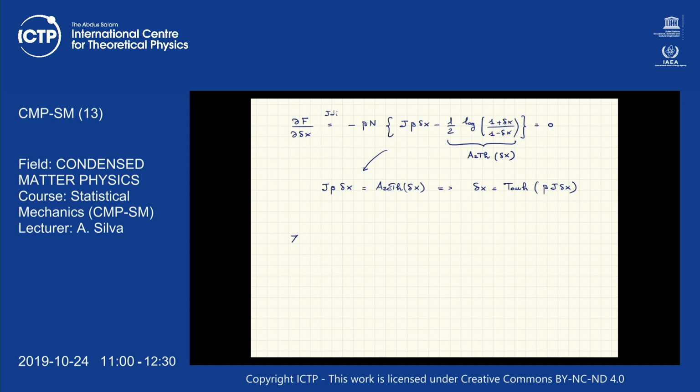When I compute the partition function, right? The partition function is the sum over all configurations of sigmas e to the minus beta H. But H is a function of only n plus and n minus, as we have seen, right?